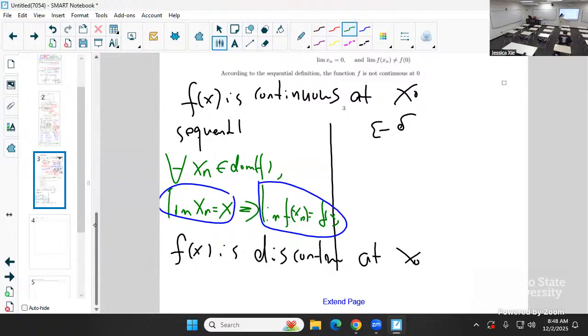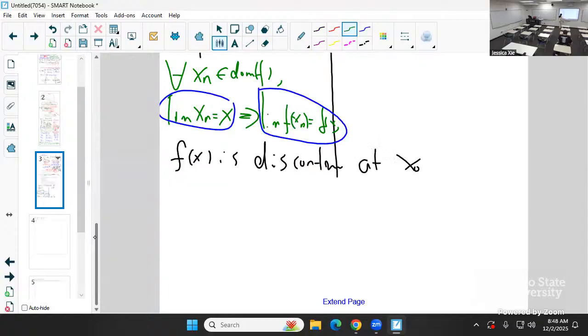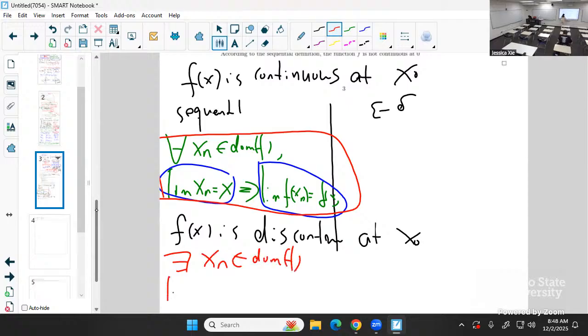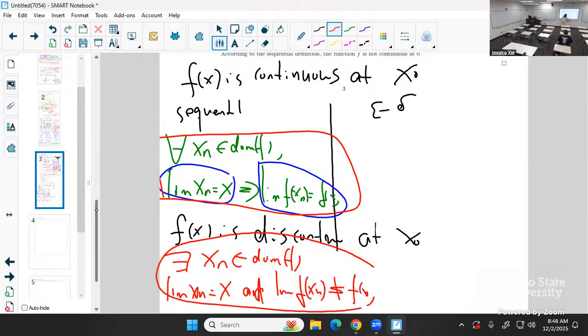In other words, how to negate the continuity statement? For a for-all statement with P implies Q, the negation is: there exists one sequence from the domain such that P and not Q. That is, the limit of xn equals x naught, and the limit of f of xn is different from f of x naught. That's the symbolic form for showing a function is discontinuous at x naught using the sequential definition.